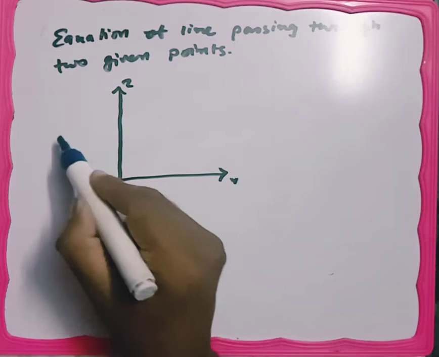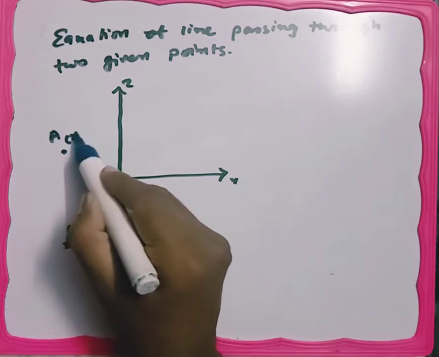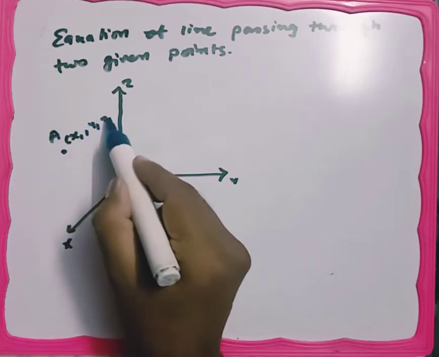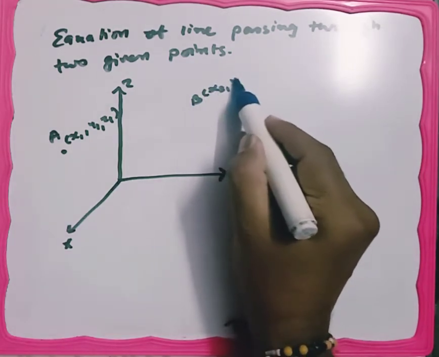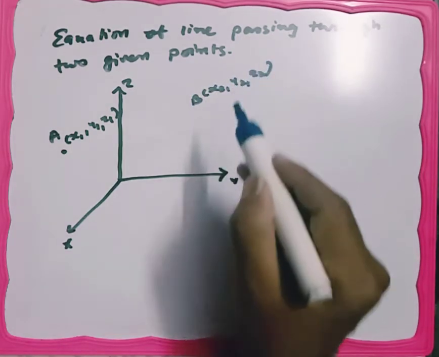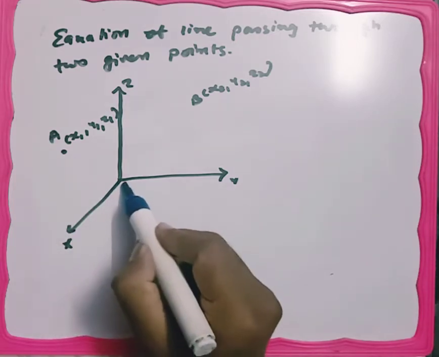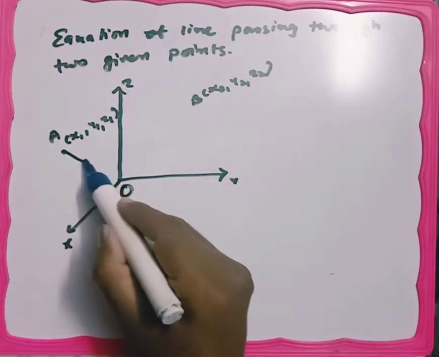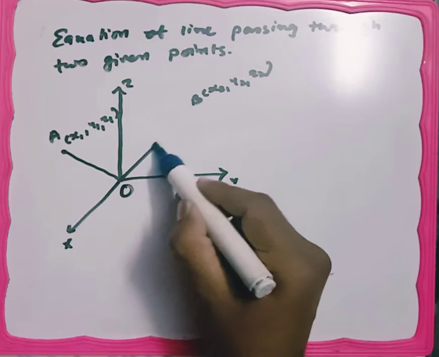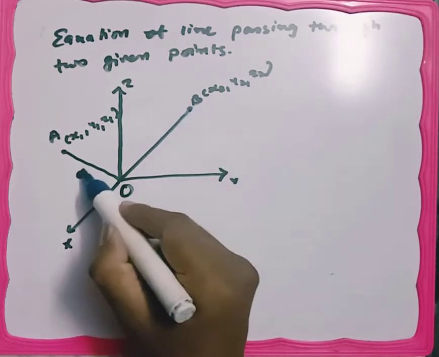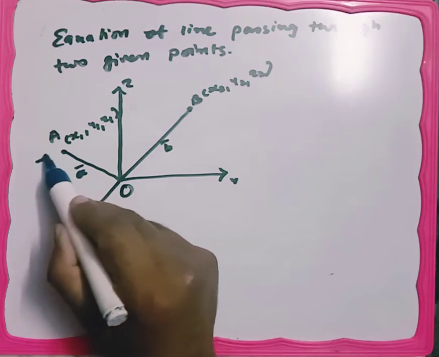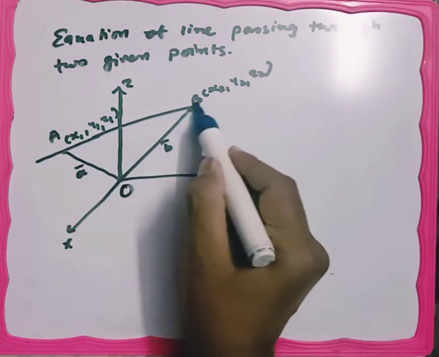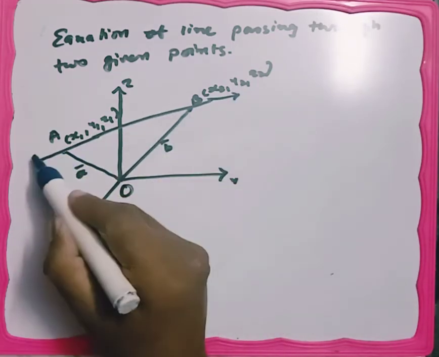Suppose in that system A x1, y1, z1 and B x2, y2, z2 are two points. So with respect to origin, their position vectors are OA and OB, and we join them, then we get a line.